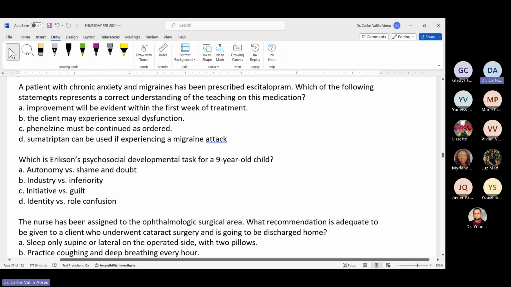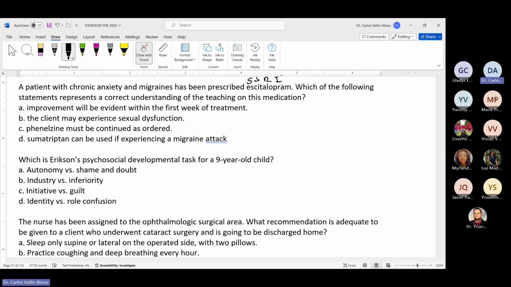Next question. A client with chronic anxiety and migraines has been prescribed citalopram. Citalopram is an SSRI, a selective serotonin reuptake inhibitor. Which of the following statements represents a correct understanding of the teaching of this medication?